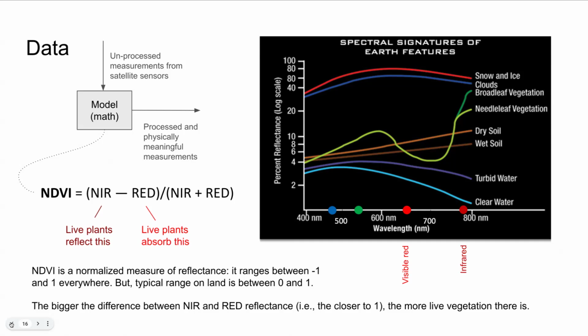Again, this takes some time to absorb and understand, but essentially NDVI, the math model producing interpretable information, is a very simple mathematical equation, taking measures of reflectance and scaling them such that we get an index that ranges between -1 and 1. Over land, we only see NDVI values that range roughly between 0 and 1. 0, no vegetation, 1, tropical rainforest.